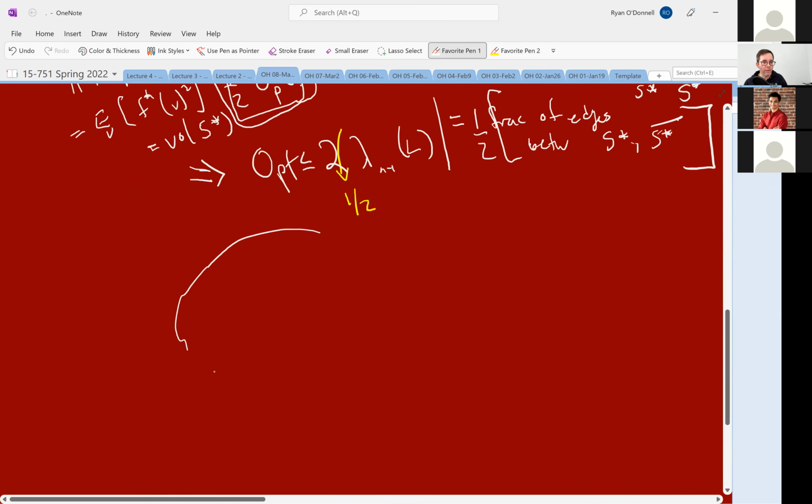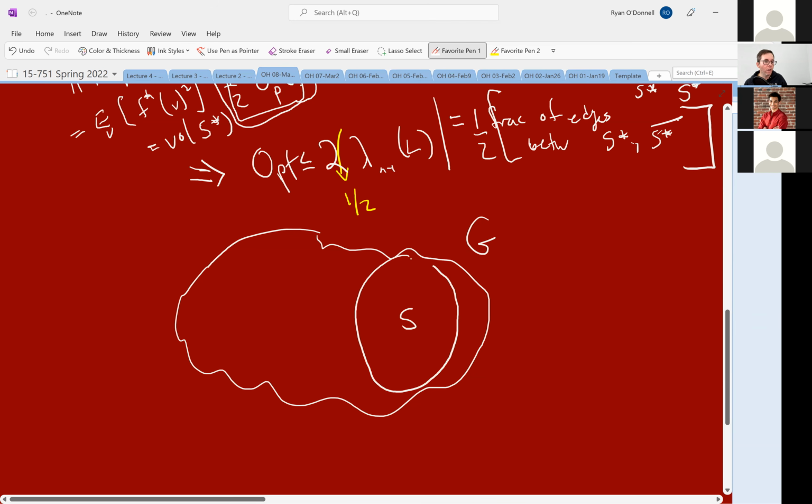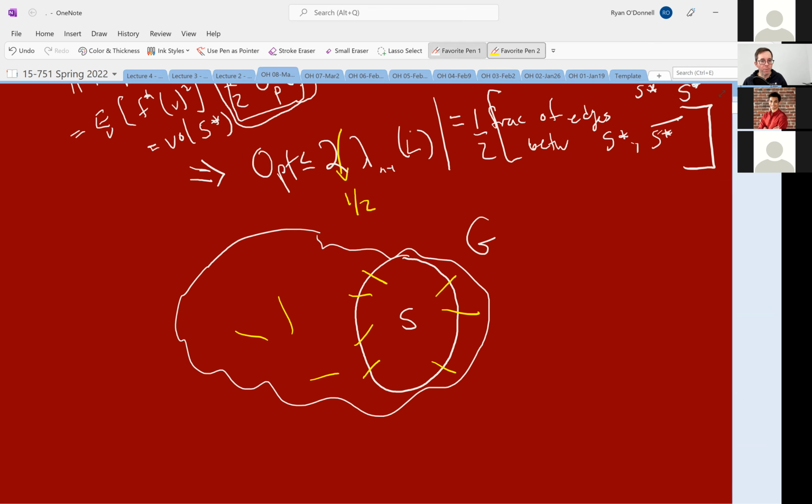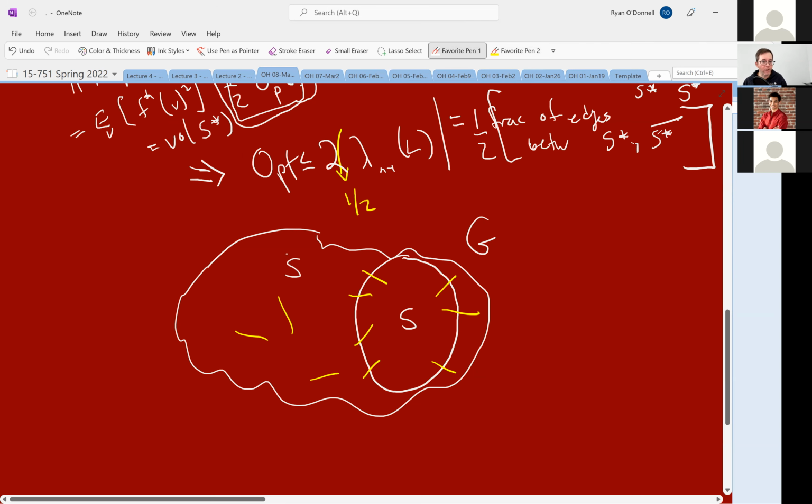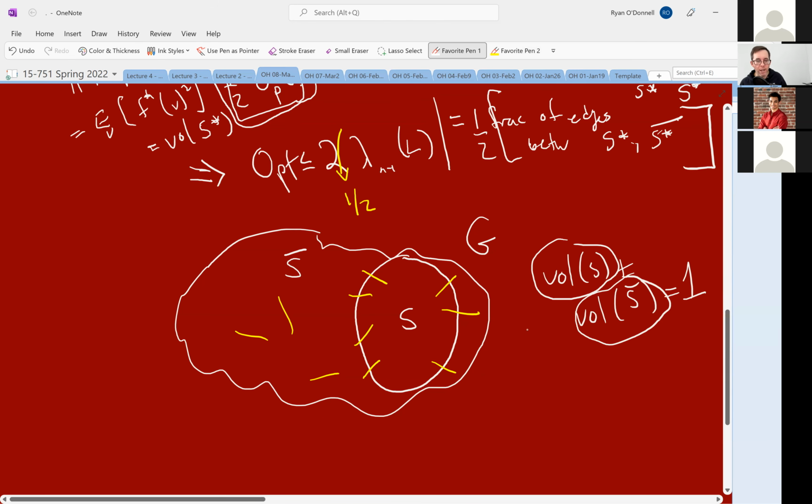This is true in the sense that if you have some G and S is some set of vertices, then in the maximum cut problem you count the fraction of all edges going between S and the complement of S. The volume of S plus the volume of S complement is always 1, so one of these two numbers has to be at most 1/2. That's true. The smaller one is at most 1/2.